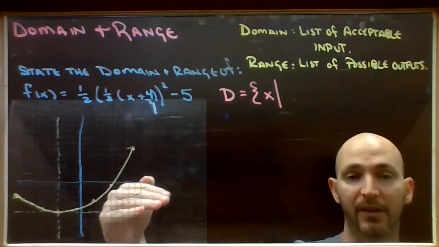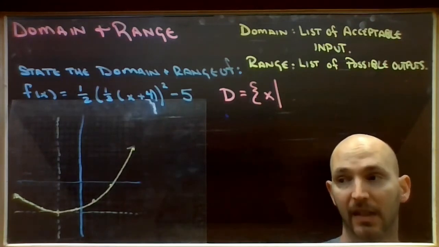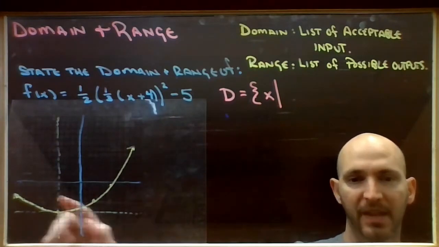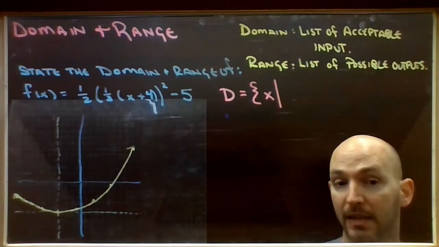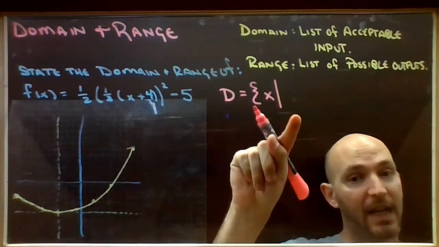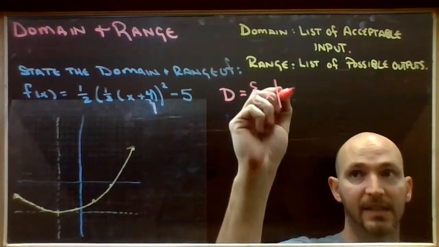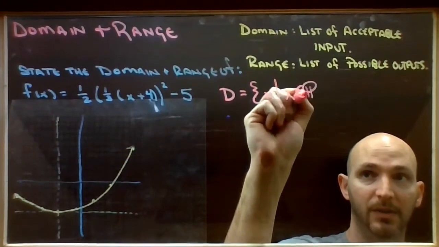There is no value for x that you can put into this function where it would fail. It's always going to return an answer to you. So for this particular function, this parabola, there is no limit on what type of x values you can put in. So the only thing I have to say here for the domain is that those x values need to be real numbers.